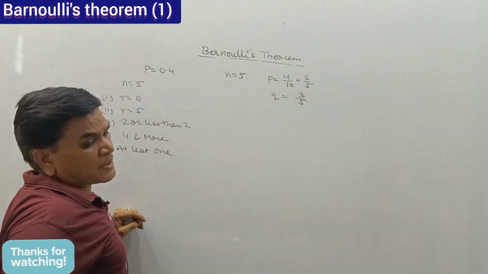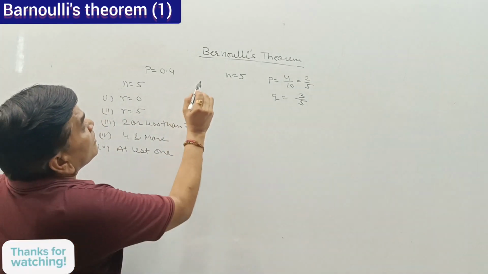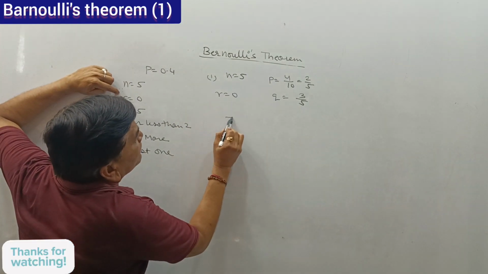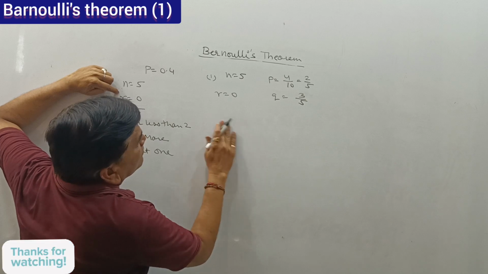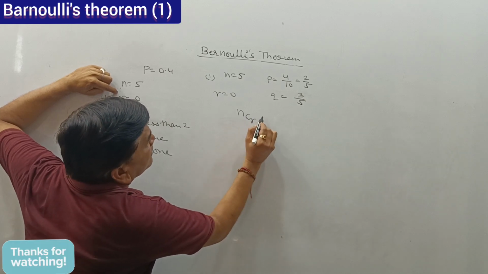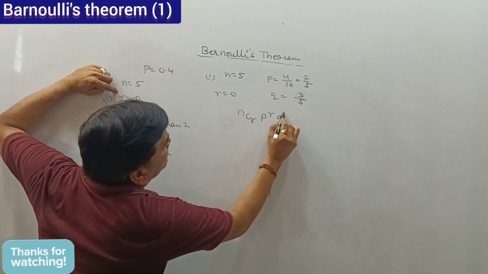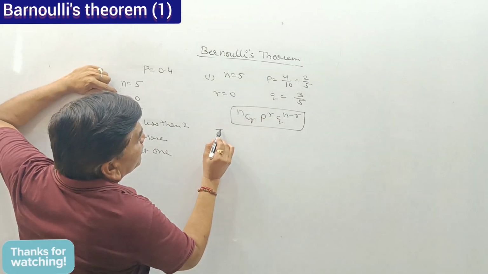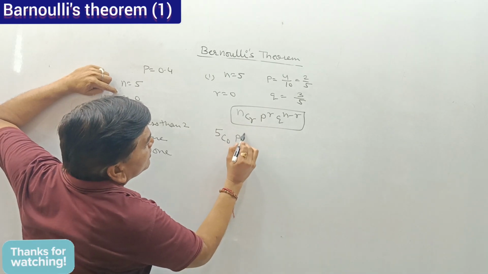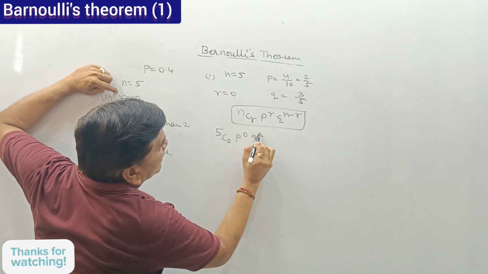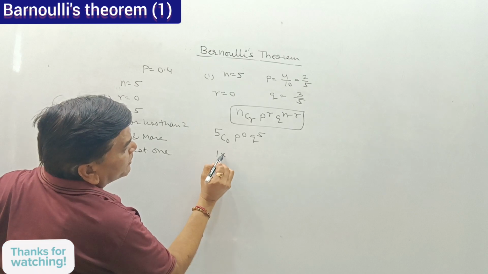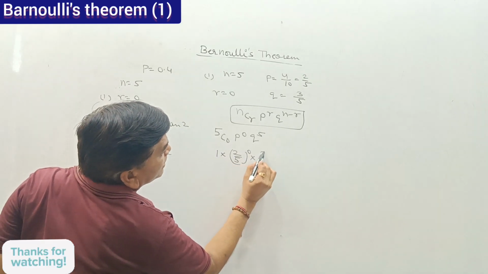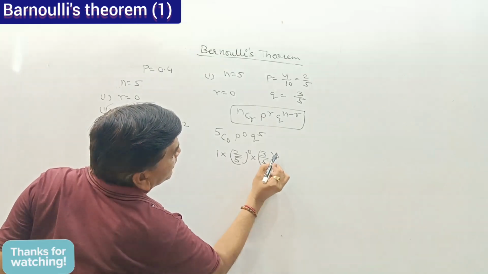Now we will solve the first question. The value of n is equal to 5 and r is equal to 0. nCr p raised to power r q raised to power n minus r, that is the formula. So first, 5C0 p raised to power 0 q raised to power 5. So the value of 1, 2 by 5 raised to power 0 and 3 by 5 raised to power 5.